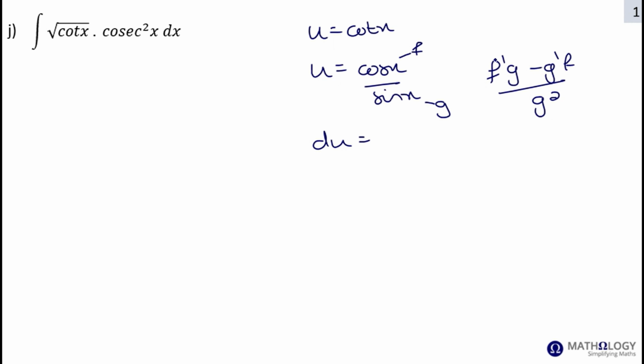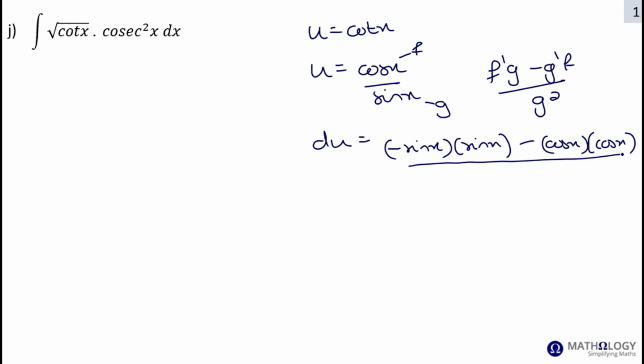So f prime, the derivative of cos x, will be minus sine x. We multiply by g, which is sine x, minus g prime, the derivative of sine x, which is cos x, times f, which is cos x. And that is all divided by g squared.